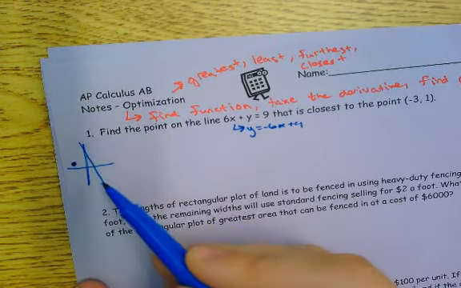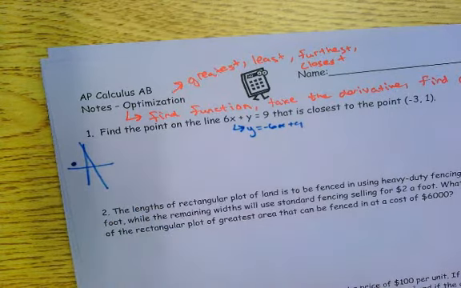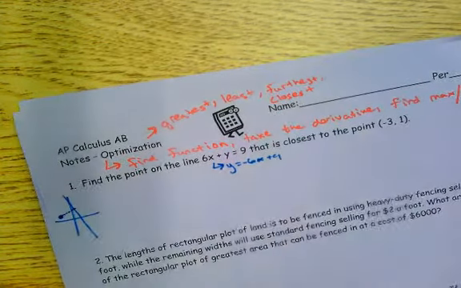So there's a point on this line somewhere which gives us the closest to this dot right here. We need to figure it out. Now if we're trying to think geometrically, where do you think that point should be about? It should be, use the other P word, perpendicular. Right? So when you draw this line right here, that should be perpendicular.